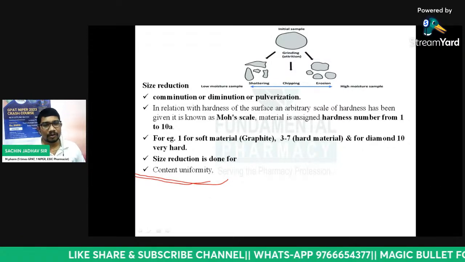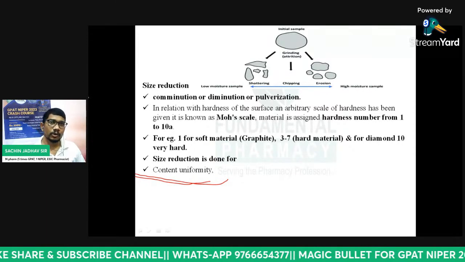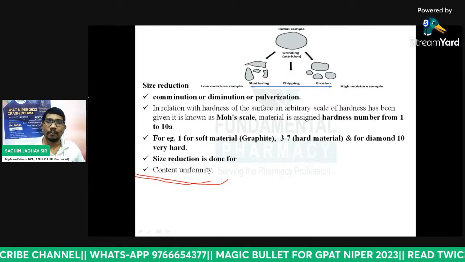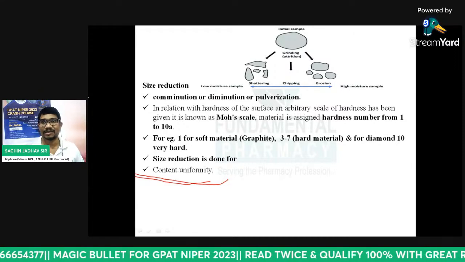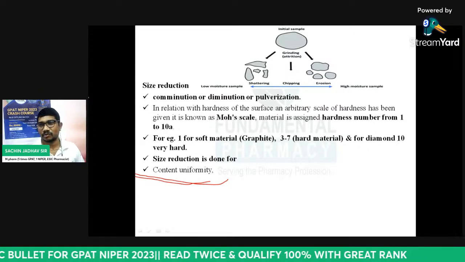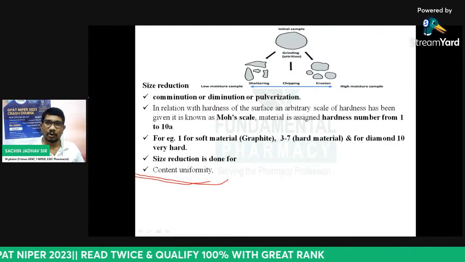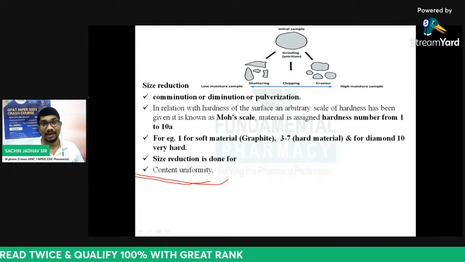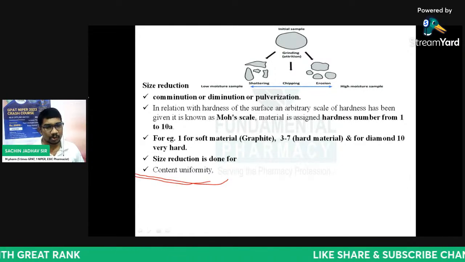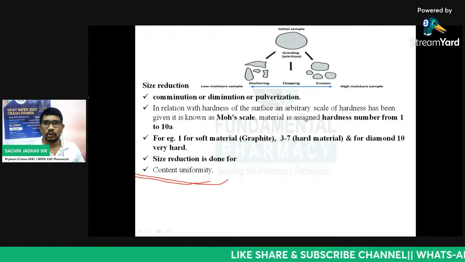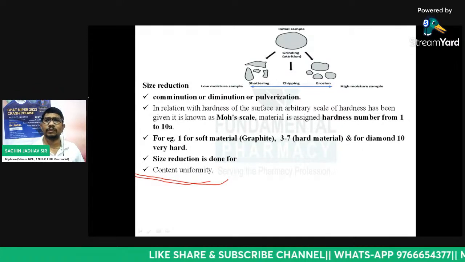So you have one powder, in that you have some particles which are larger size, some particles which are intermediate size, and some particles which are very small in size. आपके पास में जो पाउडर है उसमें 3 तरह के पार्टिकल्स है, एक बड़े वाले पार्टिकल्स है और बीच में वाले है और एक स्मॉल साइज वाले पार्टिकल. So you cannot ensure the content uniformity of that powder.